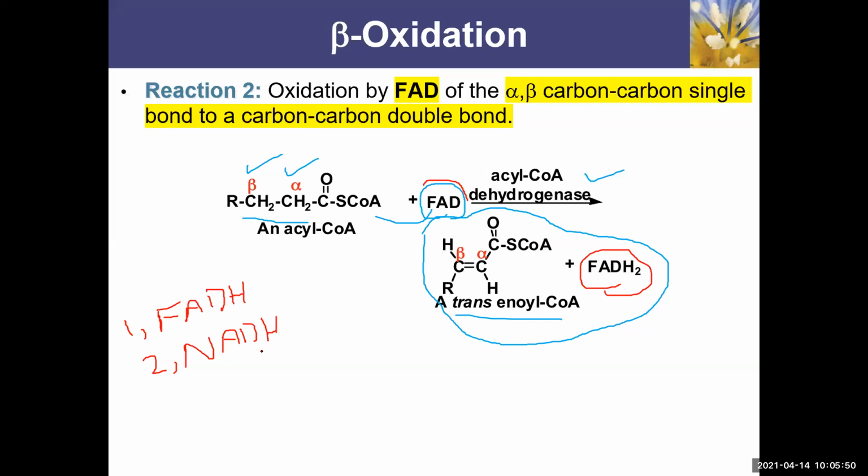So how many FADH2 and how many NADH will you produce in a fatty acid with C18 carbon? Now tell me, if in one cycle I produce one FADH2 and one NADH, how many will you produce in a fatty acid with C18? Everybody is lost.